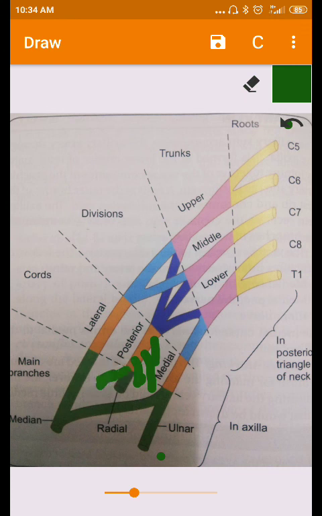So these are the branches of the posterior cord: upper subscapular nerve, lower subscapular nerve, in between the nerve to latissimus dorsi, and then the axillary nerve and the radial nerve. These are the main branches of the brachial plexus. Now we will see individual nerve supply to the upper limb in the next video.